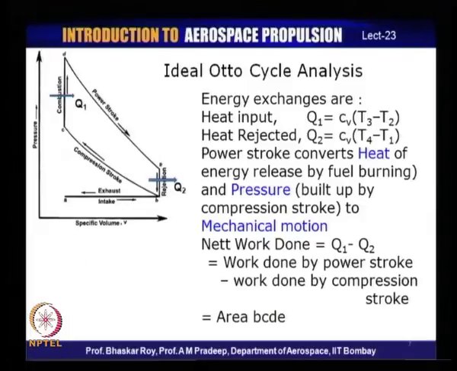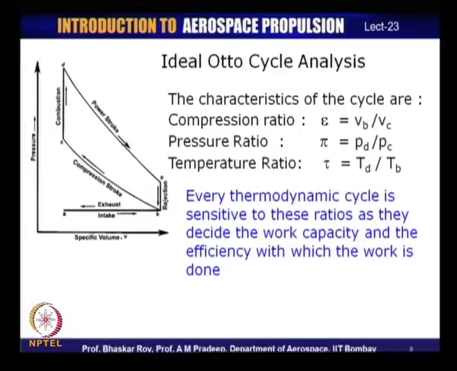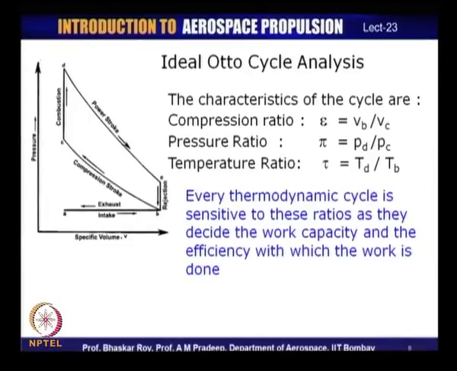from this cycle. If you look at the cycle, you would probably see there are a number of parameters that one can create to characterize this cycle. These are often called the characteristic parameters of the cycle.